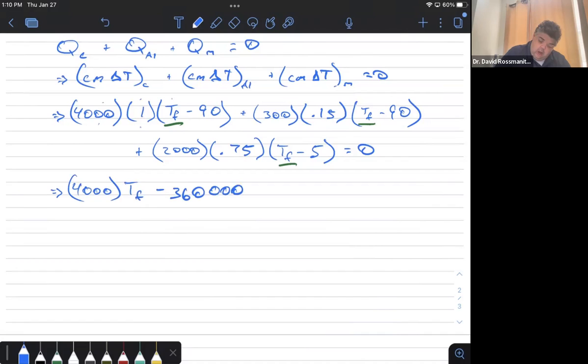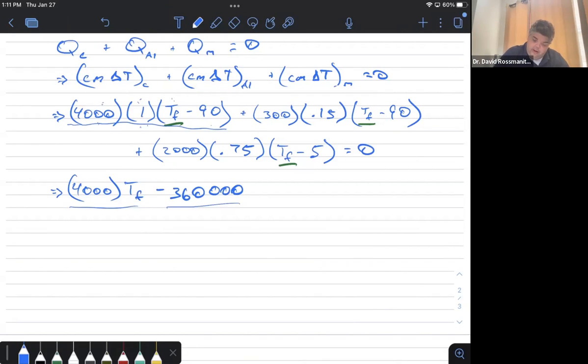Okay, so the coffee piece, this piece right here, gives me 2 terms. 4,000 times 1 times TF, that's the first term. And then 4,000 times 1 times negative 90, that's the second term. Done with that term.